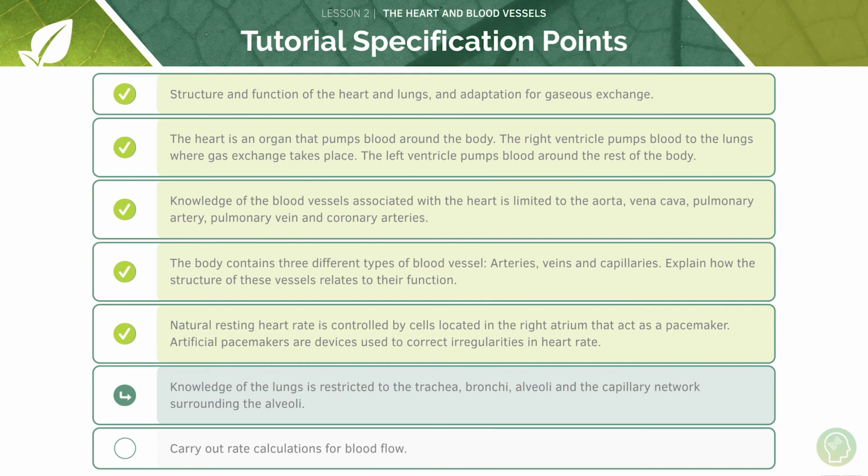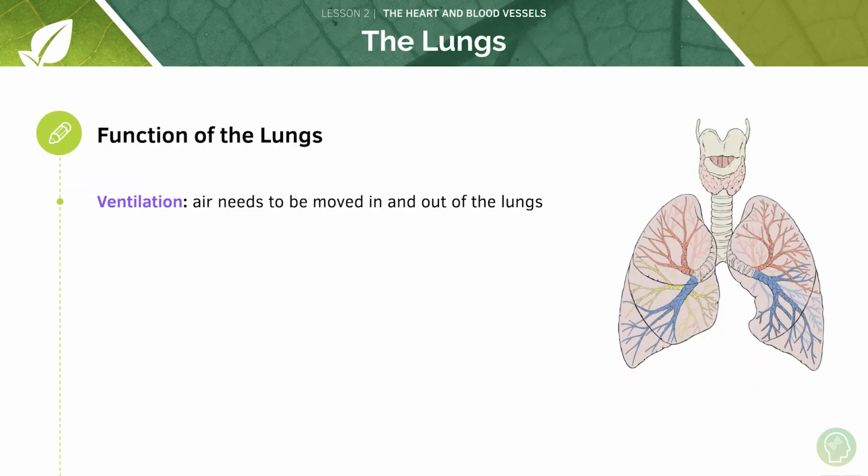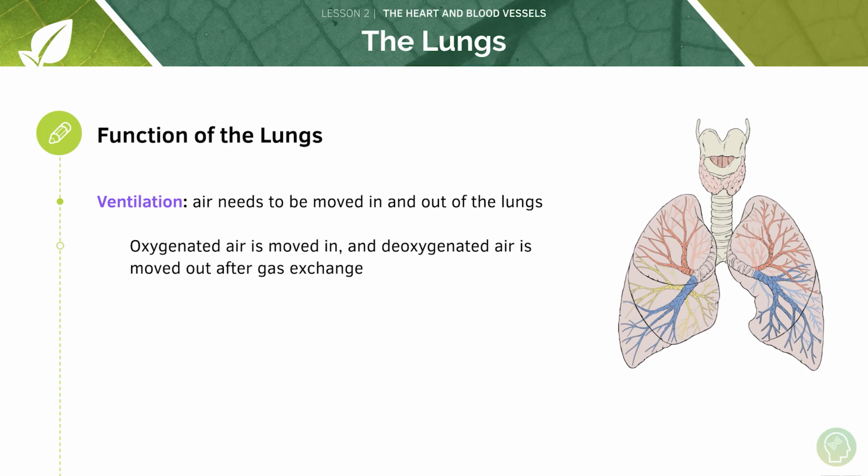So let's take a little bit of a closer look into the function of the lungs. So the lungs have two functions. Number one is ventilation, and number two is gas exchange. So ventilation refers to air just being moved in and out of the lungs as we breathe. So oxygenated air is moved in and deoxygenated air is moved out, and this occurs by diffusion.